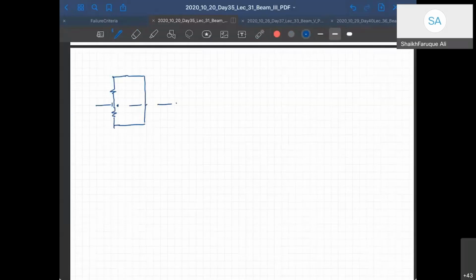Then there is this width of the beam, and E is your neutral plane.